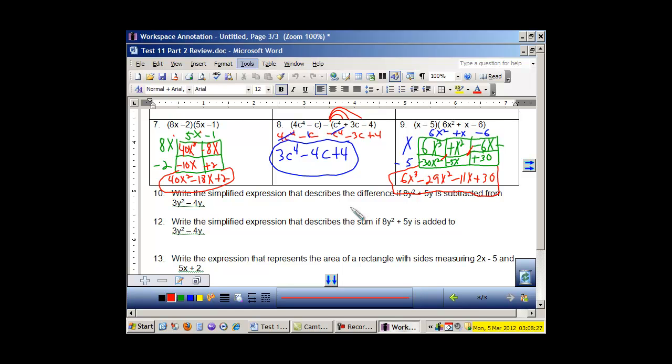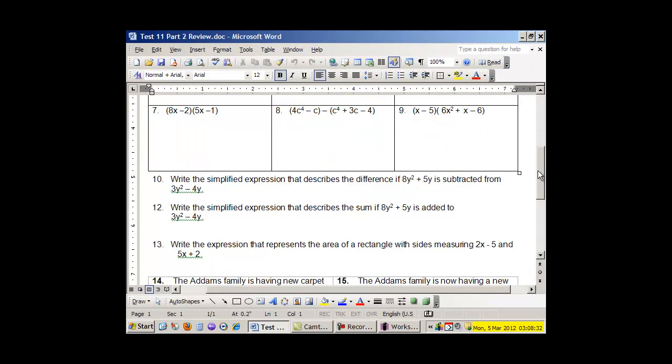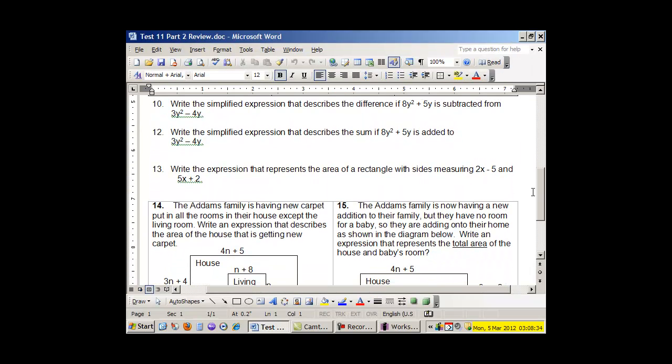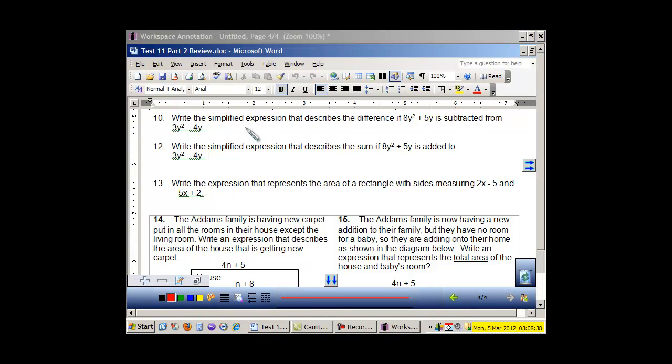Okay, let's do the word problems. Moving down. Okay, so number 10. Let's read it. Simplified expression shows the difference if xy is subtracted from this term.